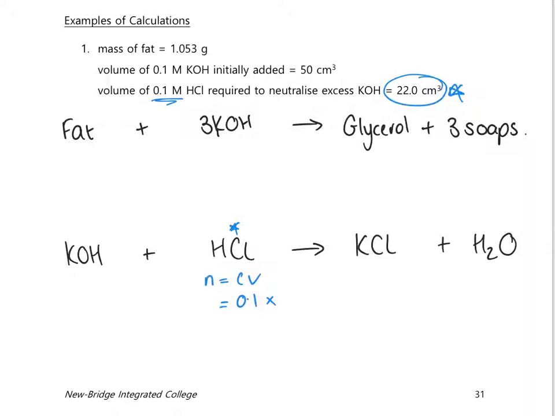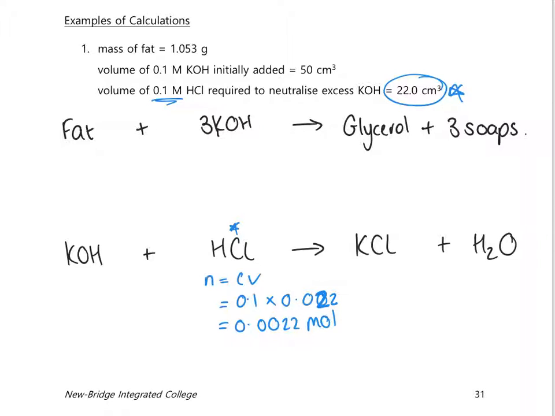The volume of hydrochloric acid required to neutralise the excess KOH equals 22 centimetres cubed. I'm going to convert it to decimetres cubed first: 0.022. So that gives us 0.0022 moles of hydrochloric acid used to neutralise the excess KOH.